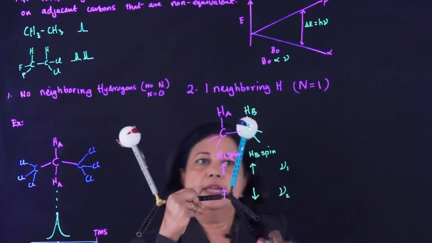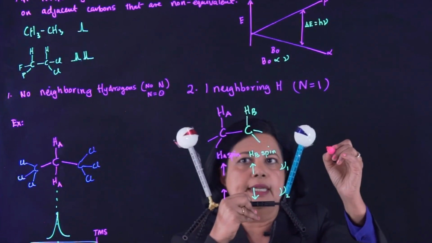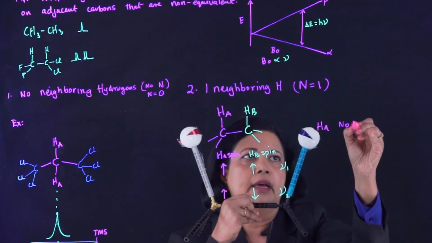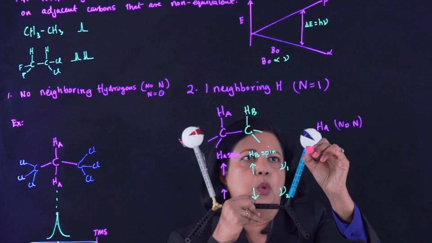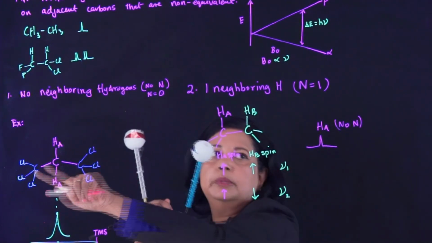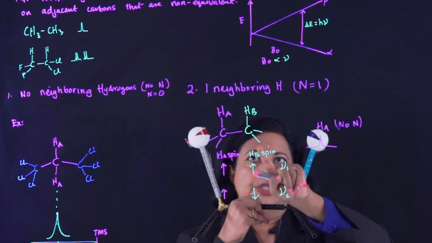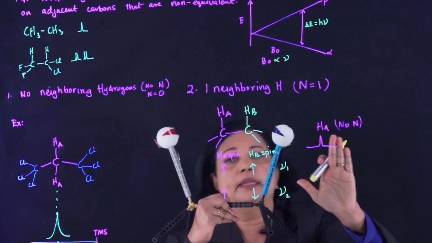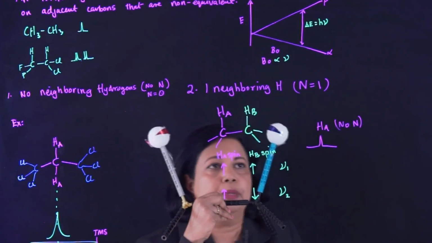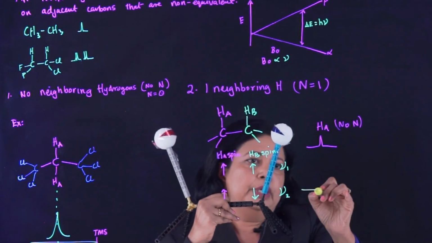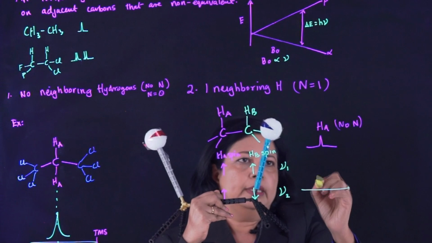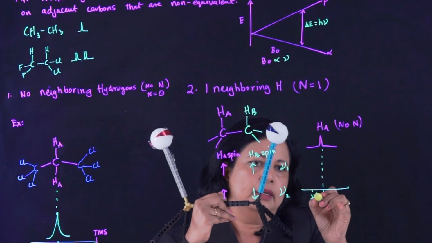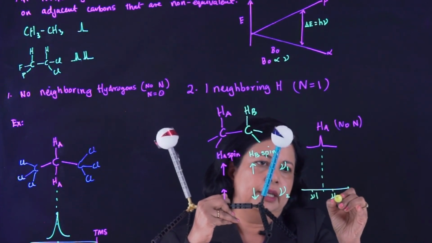So if you didn't have any hydrogens next door, let's say HA had no neighbors, no N, then you would get just one peak, like over here, no neighbors. Since you have one hydrogen next door, HB, you can have an enhanced field or a diminished field due to the different spins. So now you're not going to have just a single peak. You will have an enhanced field at nu1 and a diminished field at nu2.